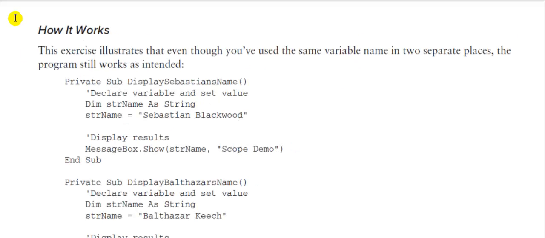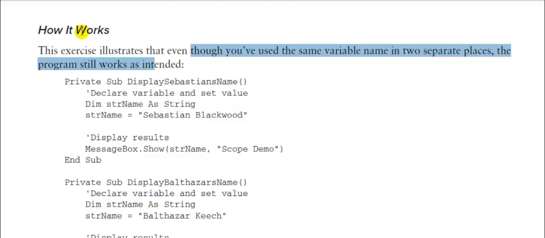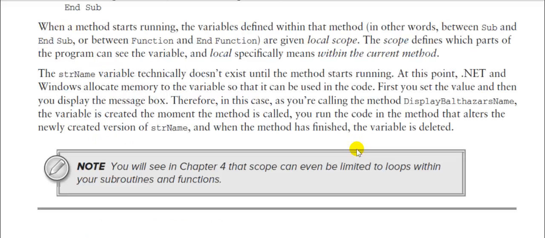So he says, this exercise illustrates that even though you've used the same variable name in two separate places, the program still works as intended. He didn't use the variable outside of the methods like I did. He says a little bit more.